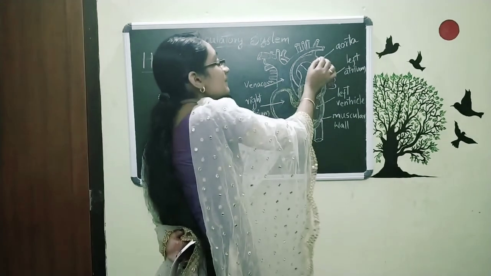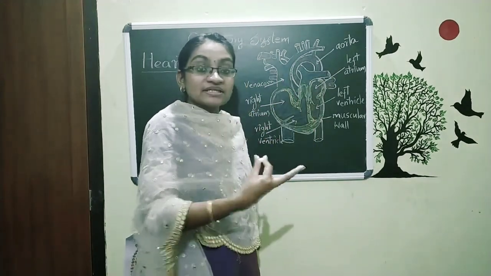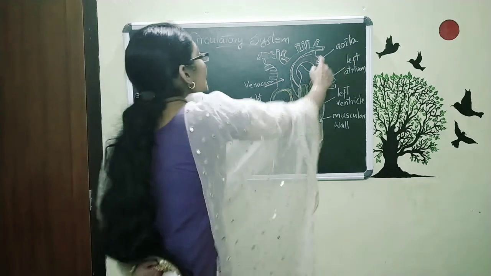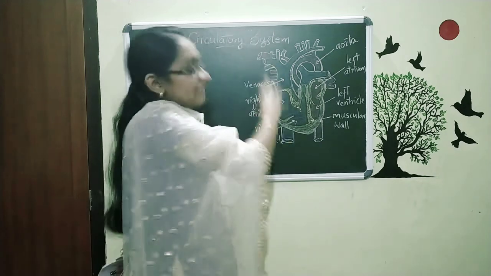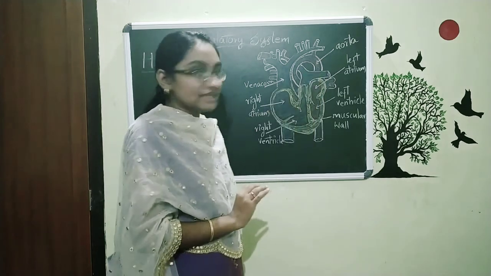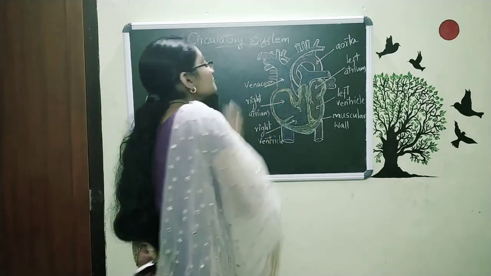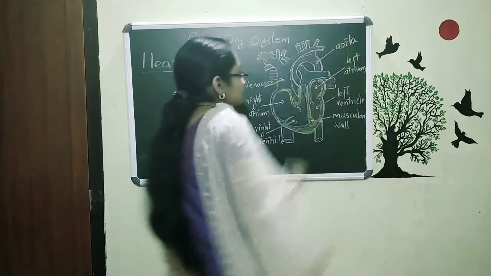In the last class, we studied artery, vein, capillaries and all these things. So this is the main artery and this is the main vein. That means the vein which comes to our heart and the artery which comes from our heart: for the vein we call it vena cava, and for the artery we call it aorta.